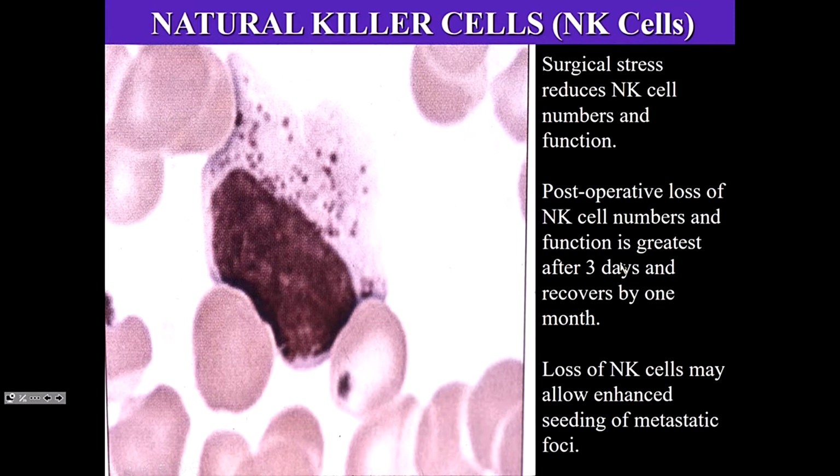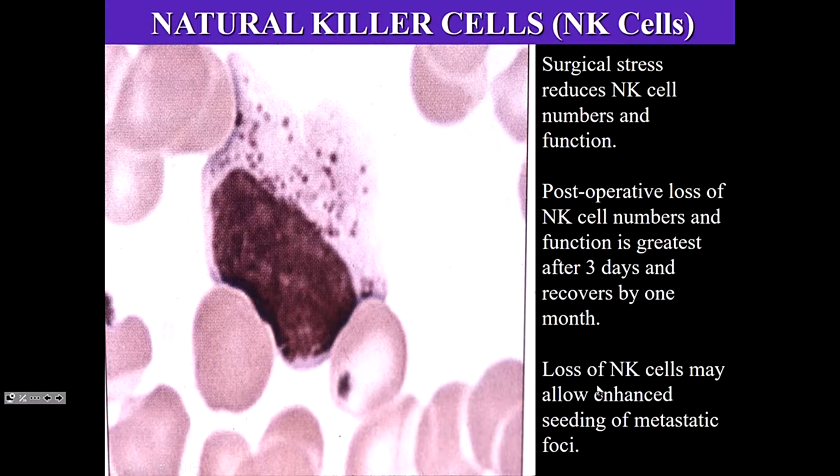And also because there's this reduction in natural killer cells, that may in fact facilitate the seeding of metastatic tumor cells. So if a person is having surgery to remove a tumor, remember the surgery is a form of trauma, their natural killer cell numbers will drop post-operatively, and during this month or so, when they have a reduced number of natural killer cells, if there are some single tumor cells that escaped the surgery, they may be able to escape immune surveillance because the natural killer cells are no longer there to attack them.